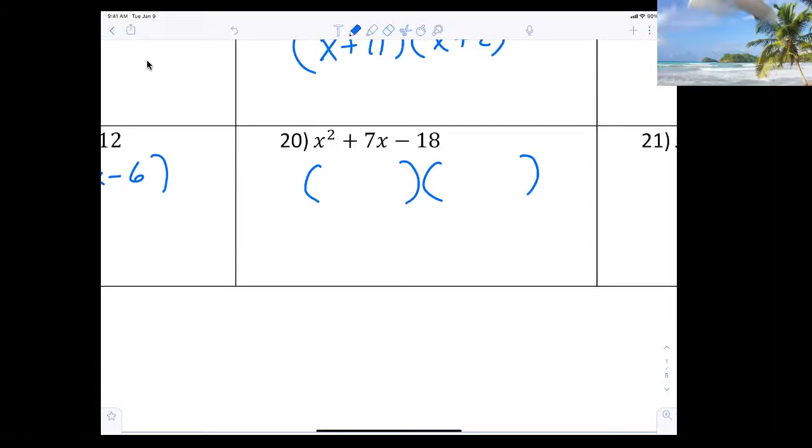All right, next. Just tell me what goes here and here. Start out there. X and X. Now the factors of 18 that make 7. I wish you would just say 9 and 2. All right, now I want it to be +7. So what's true about the 9 and what's true about the 2?